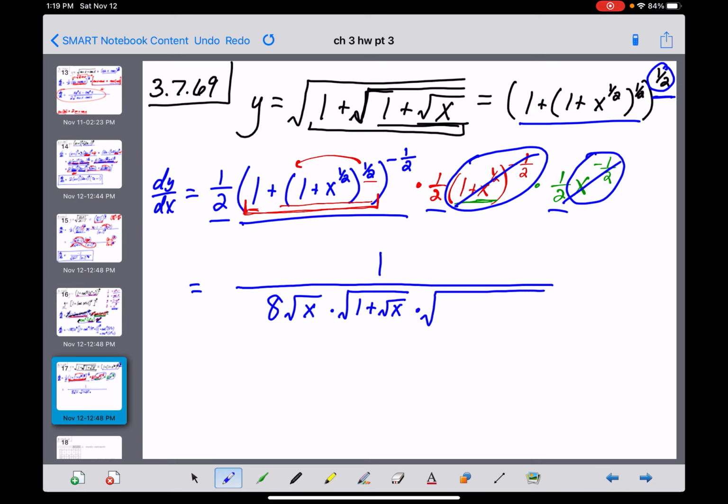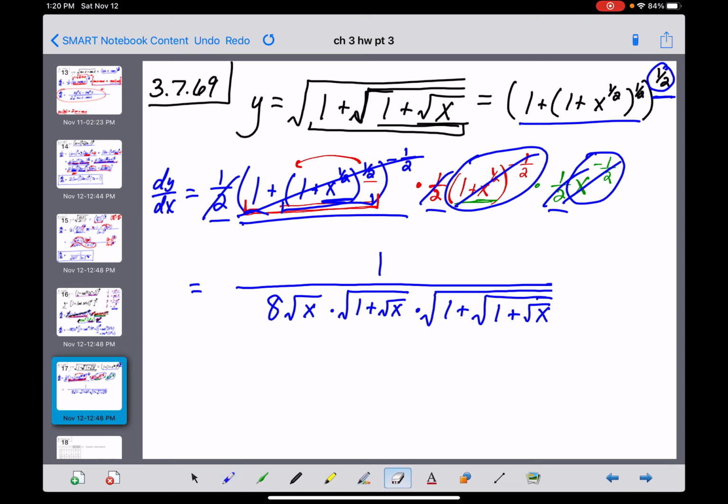So it's another square root in the denominator. And what's it the square root of? There's a 1 plus, and remember, all of this to the 1/2 power is another square root of 1 plus, and then x to the 1/2 is a square root of x yet again. And that took care of all of that. And the 1/2 and the 1/2 and the 1/2 is how I got the 1/8.